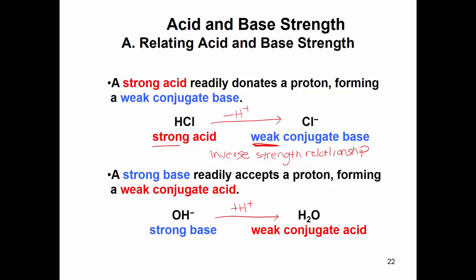If you have a weak acid, then it's going to have a strong conjugate base. Okay, so they have an inverse relationship. So our conjugate acid base pairs, they have an inverse strength relationship. Strong acid is going to form a weak conjugate base. If you have a strong base, it's going to form a weak conjugate acid.